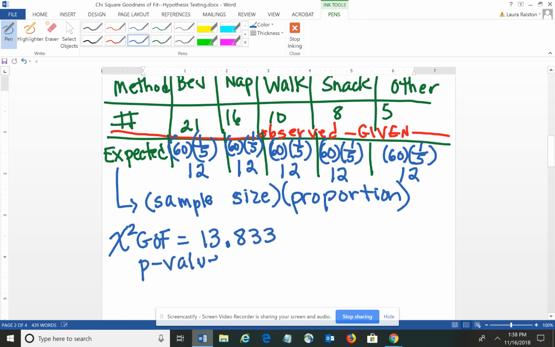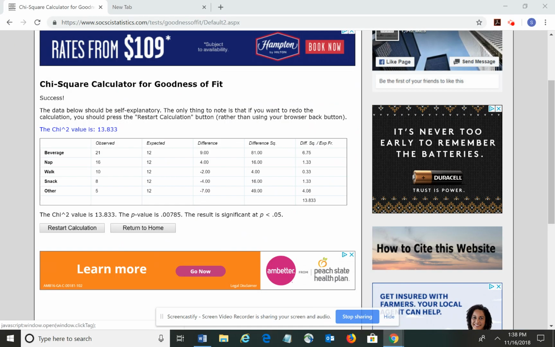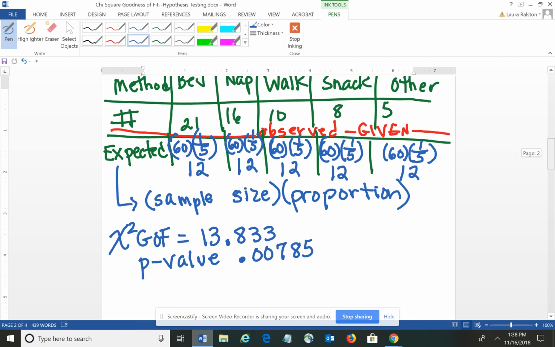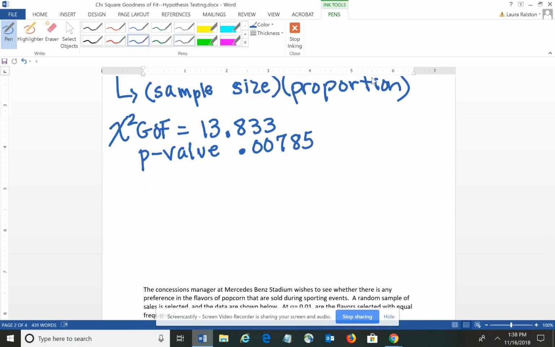And the corresponding p-value, which is also given to you on the computer screen, is 0.00785. So my p-value is 0.00785. Then the process continues just like it did for all the other hypothesis tests.